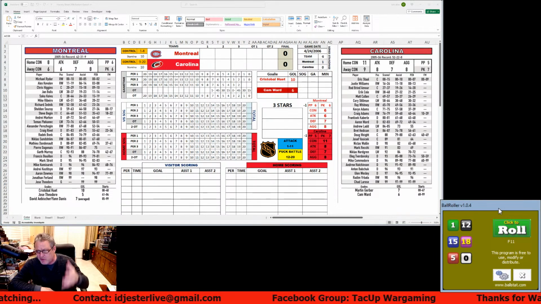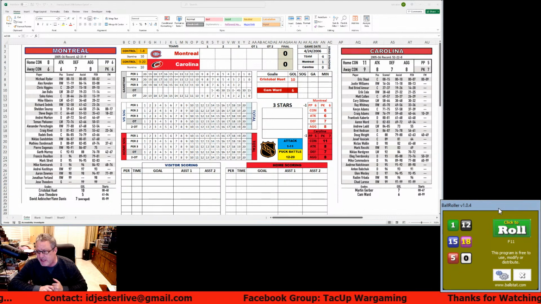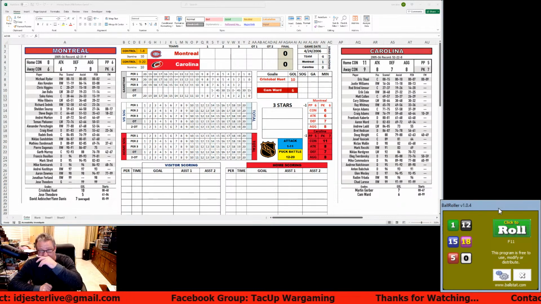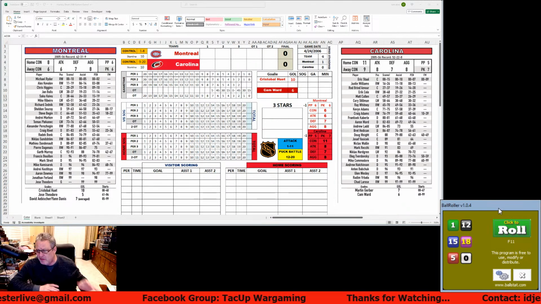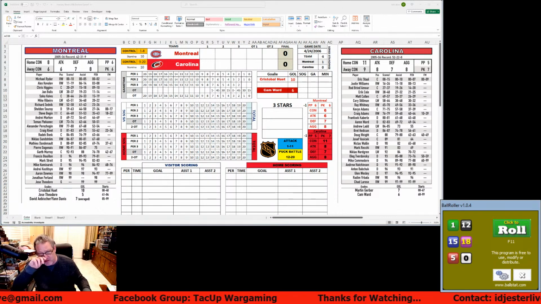Again, I'm using historic goalies in this game. So whoever started the game, I'm starting them. And they changed over to Cam Ward for this Game 2. So Carolina is in a little bit of a funk as they lose at home in Game 1. And now we're going to go.